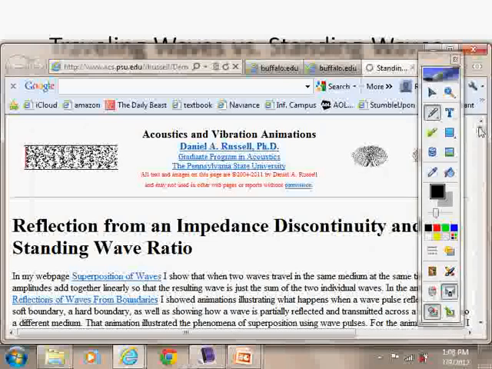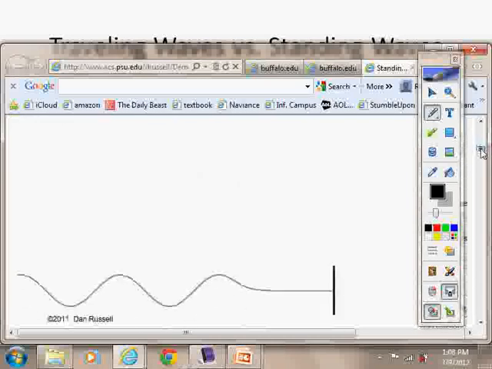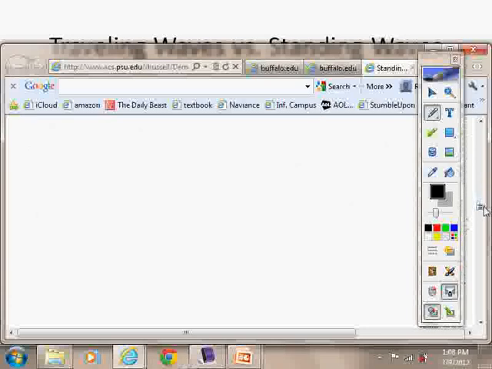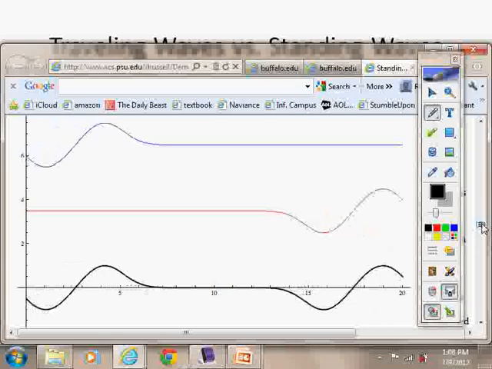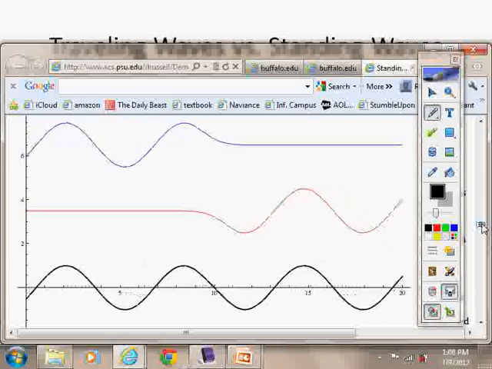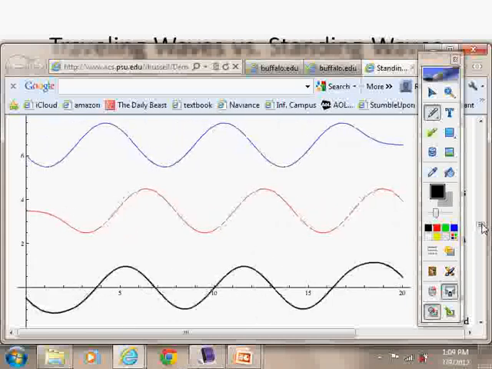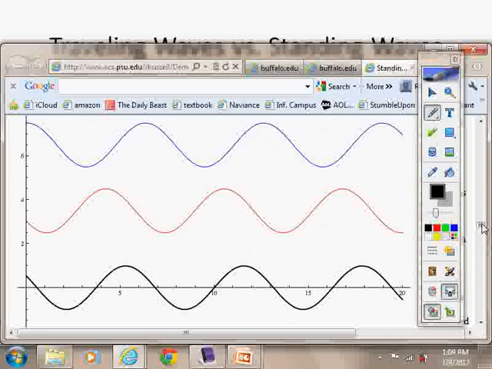I have another computer simulation here. Again, the blue wave is going to the right.